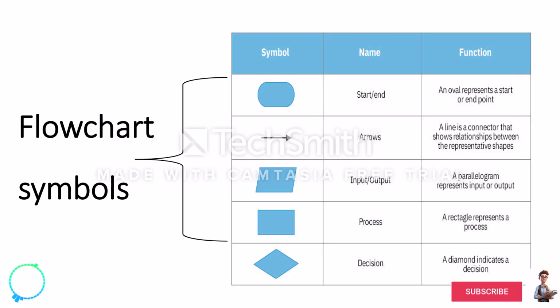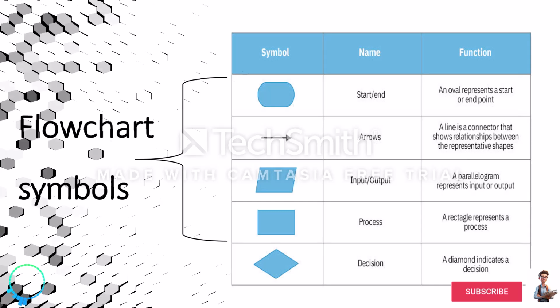The second one is the arrows. An arrow is a line connector that shows the relationship between representative shapes. We have input and output, a parallelogram, which represents input and output. We have process, a rectangle represents a process. And we have decision, a diamond indicates a decision.